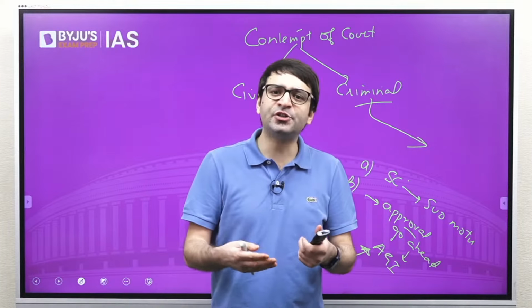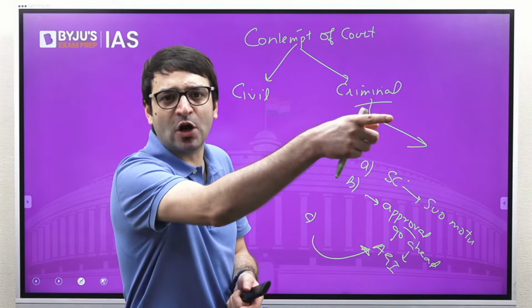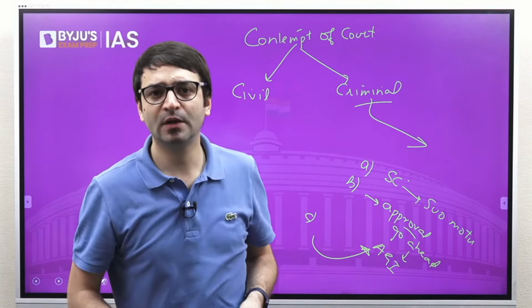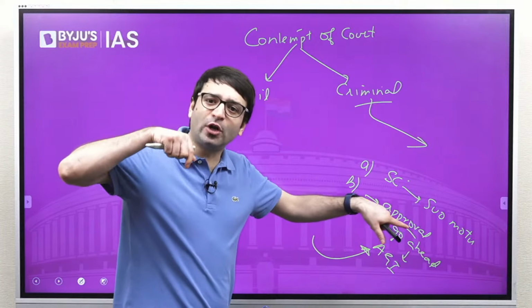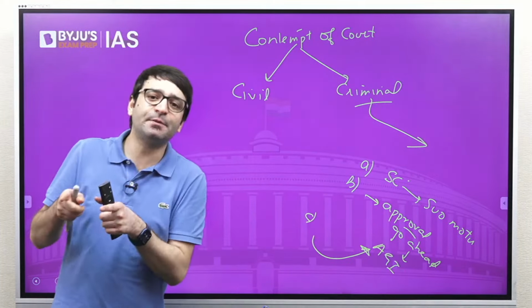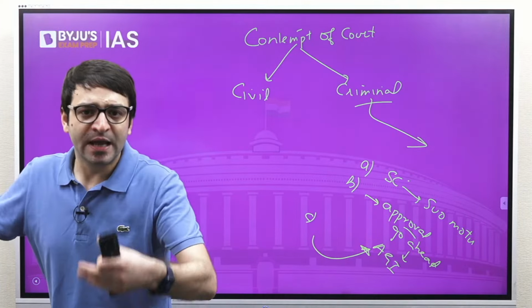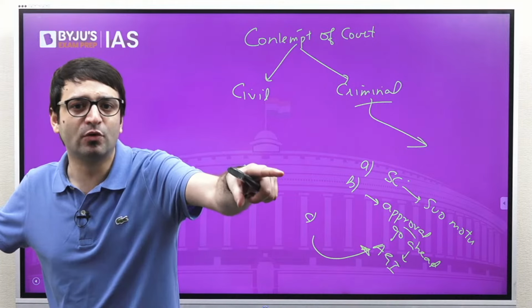Or Attorney General for India will approach the Supreme Court that these individuals have committed contempt of court, please punish them. Or any third person, which means neither the Supreme Court on its own nor the Attorney General for India, but any third person can approach the court asking the Supreme Court that please punish these people because they have committed contempt of court.